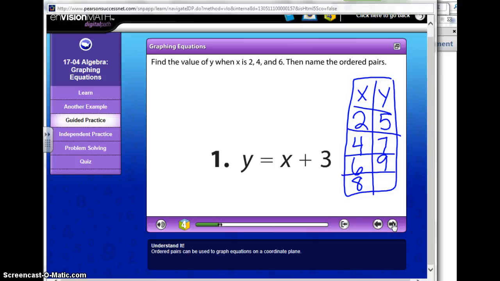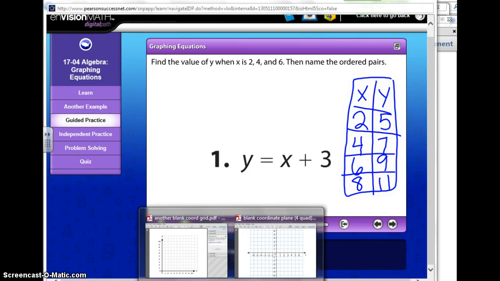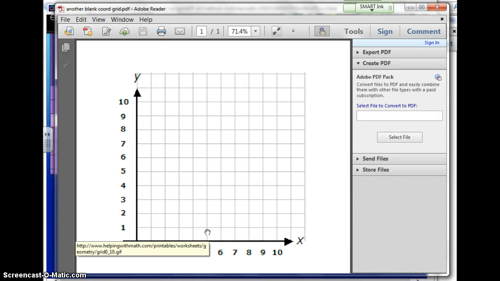Okay. So now that we have our input-output table filled out, now we can graph these ordered pairs. Can somebody help me remember these? So the first one: I will start at my origin, over 2, up 5.